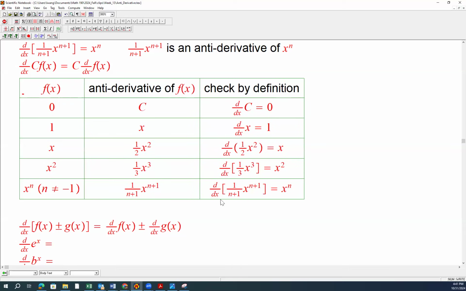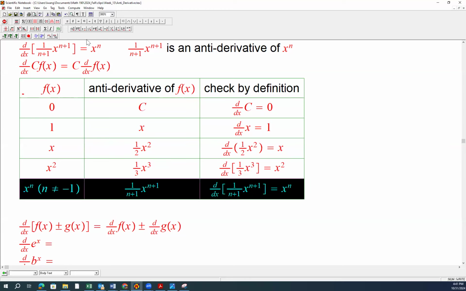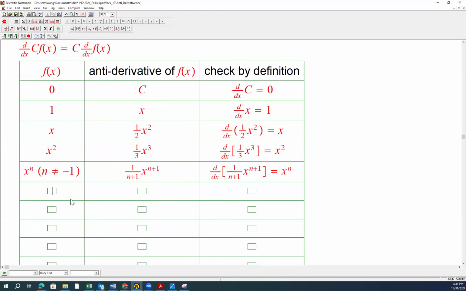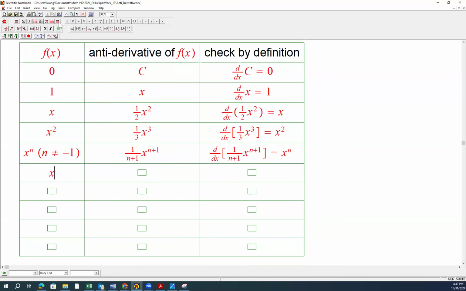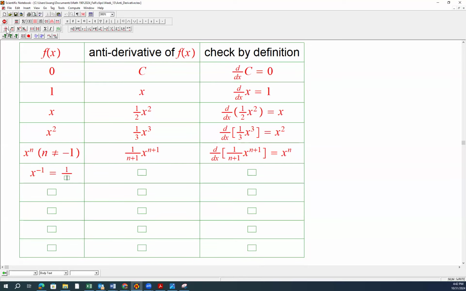Well, if n is -1, we're going to get a 0 denominator. Then you say, what if n equals -1? Well, x raised to the power -1, what is that? That equals 1 over x.